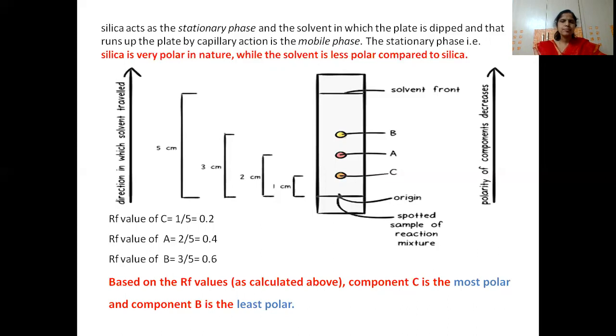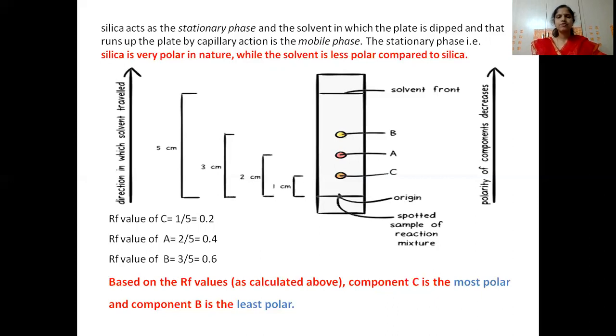And then we have to dip or pour that slurry onto the slides. After that, we have to let them dry. Then load the sample. We have to draw the line, that is the origin line, with a pencil. And then load the sample using the capillary tube.